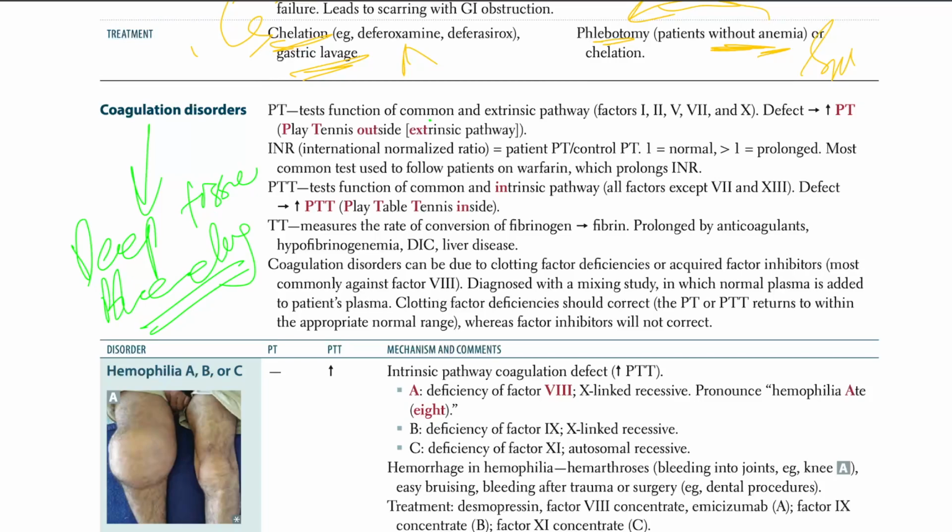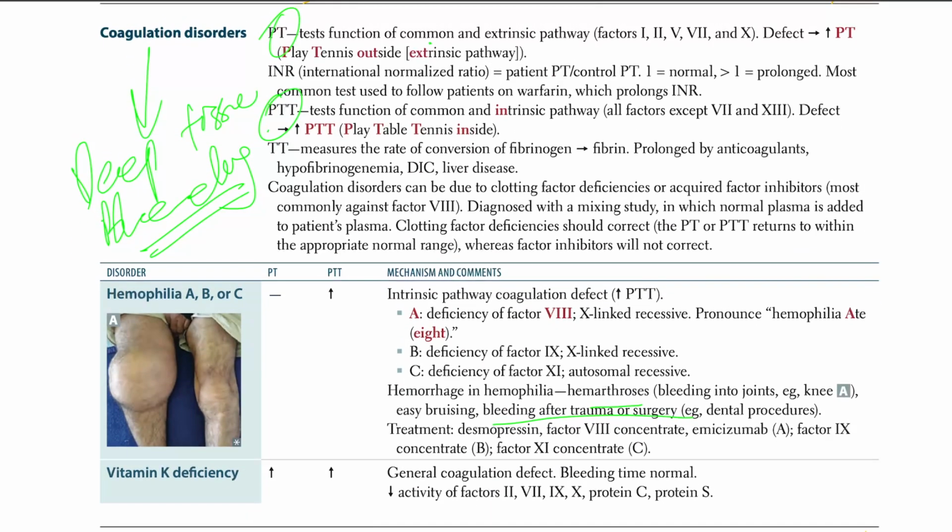For example, hemarthrosis, bleeding after trauma or surgery, joint and tendon bleeding. That's the sort of bleeding you're looking at. And also you're checking the PT and PTT to see which pathway we are missing, intrinsic or extrinsic. So that's pretty much it for the coagulation disorders.